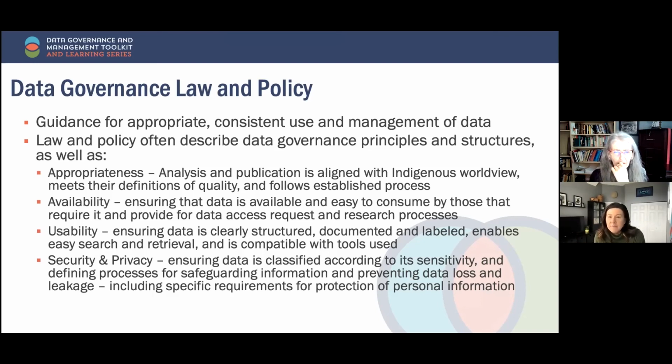And then very importantly, security and privacy. This is probably the most critical, especially in terms of being able to source external data.